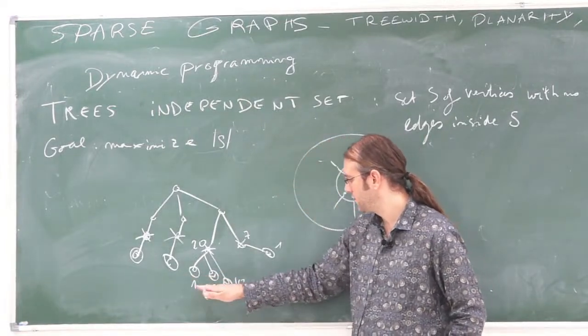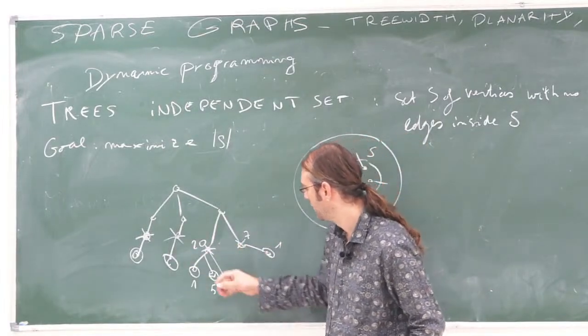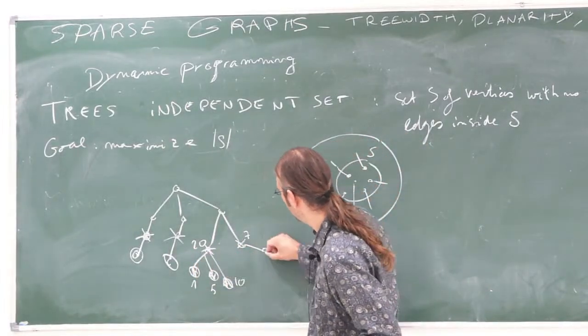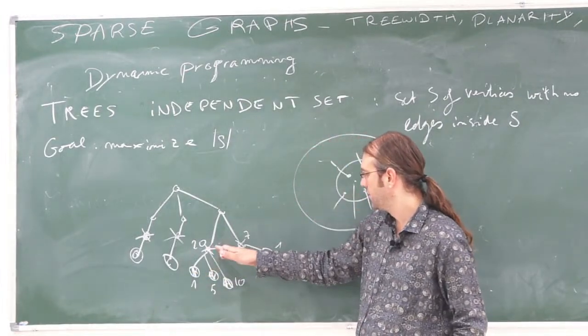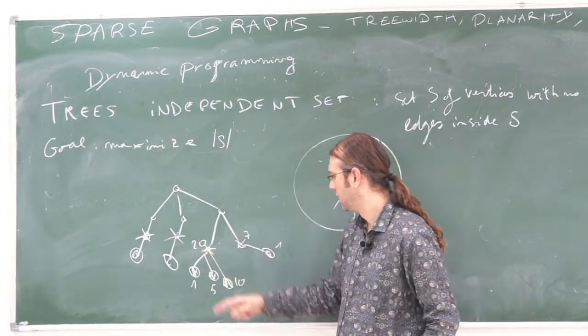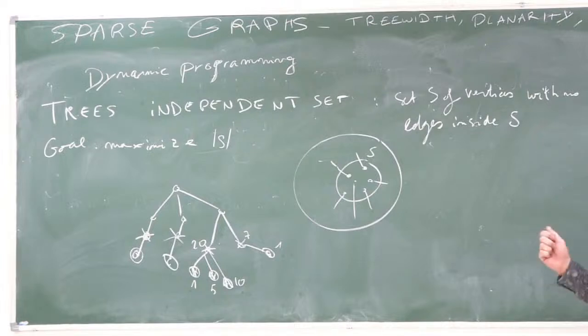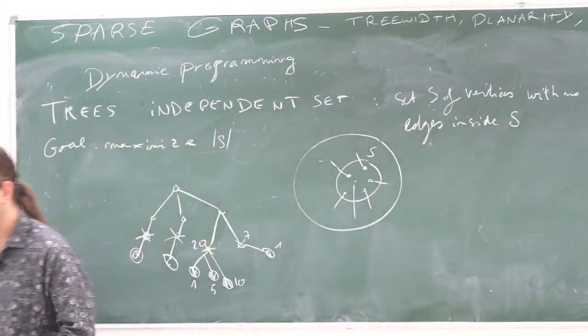I'm looking for the max weight, that means the sum of these numbers which I select. So this is my independent set. Here it would have been 1 plus 10 plus 5 plus 1, etc. But here you can see that it's actually more beneficial to take the father, because the father has weight 20, which is much more than some of the children. So this simple algorithm doesn't work anymore for weights. I will not use weights in what I'm showing, but it is very easy to extend to weights. So the techniques I will show do work even if you have weights.